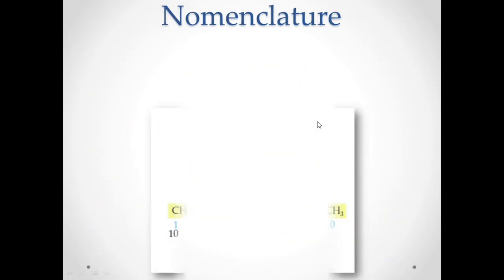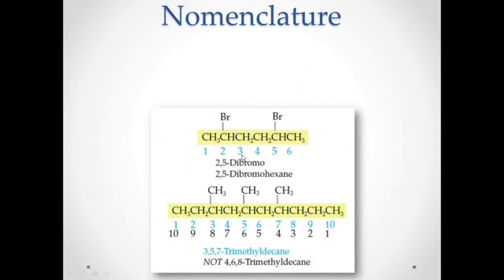Okay, so for example, in this compound, the longest continuous chain would be 6, like 1, 2, 3, 4, 5, 6. And you have your substituent Br that is on number 2 and number 5. So therefore, you can name this compound like 2, 5.